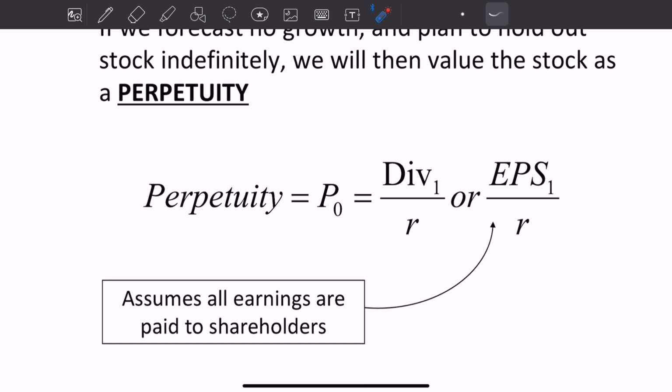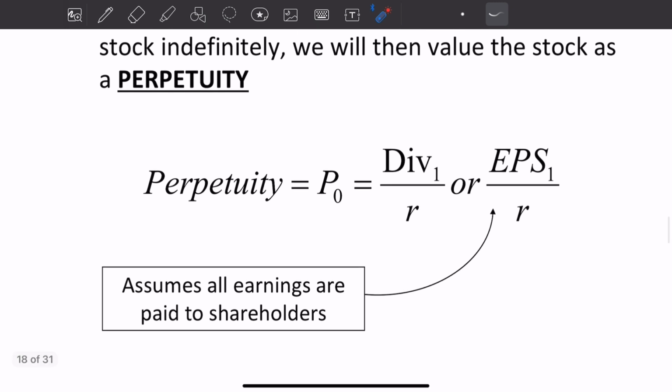That means that if the company that we are trying to evaluate pays out all of their earnings to the investors in the form of dividends, so all of the earnings per share goes directly to the investors, then we can, instead of dividing the dividends by R, just divide the earnings per share by R.